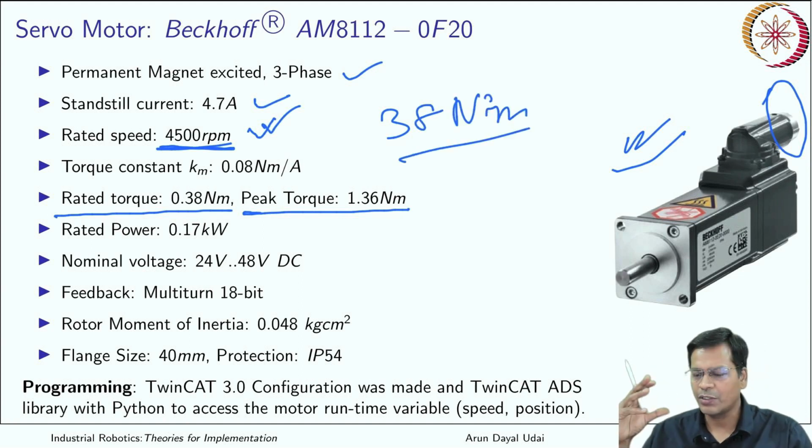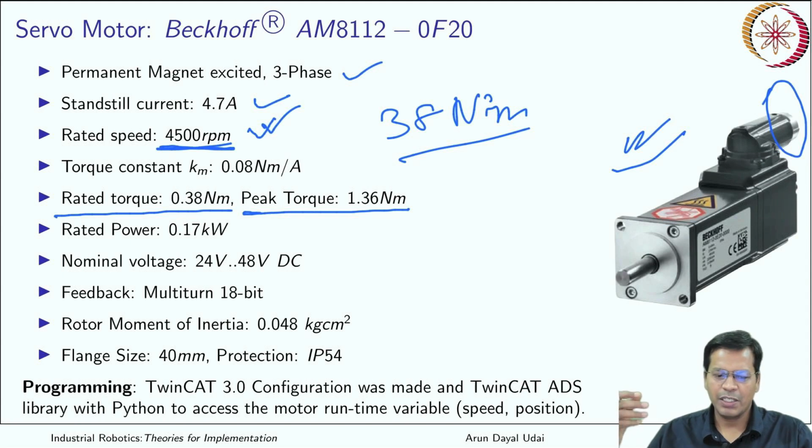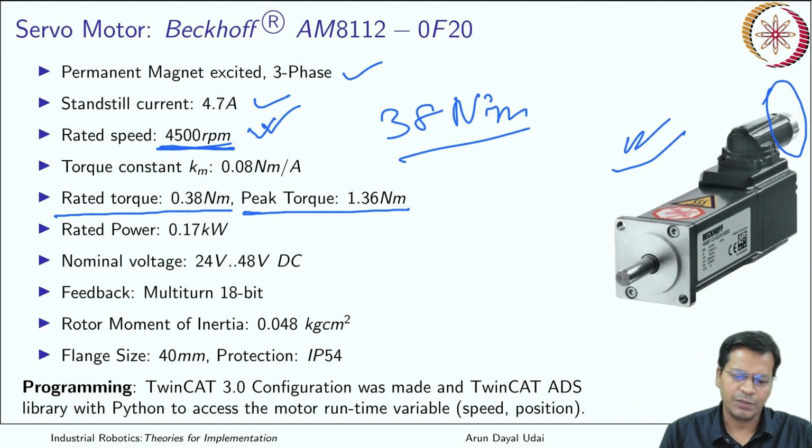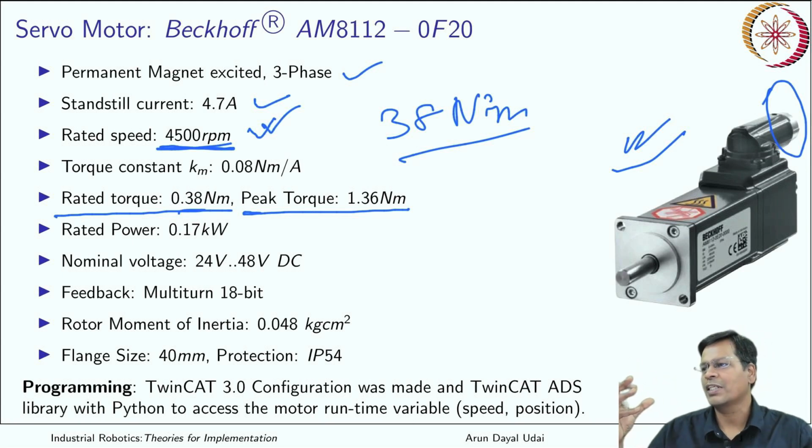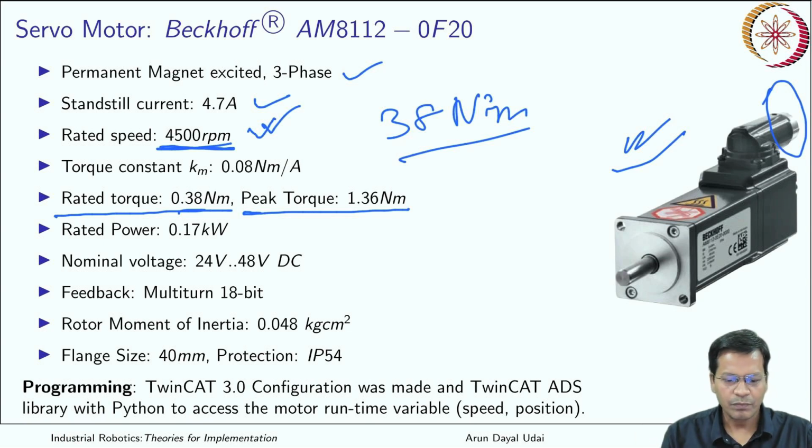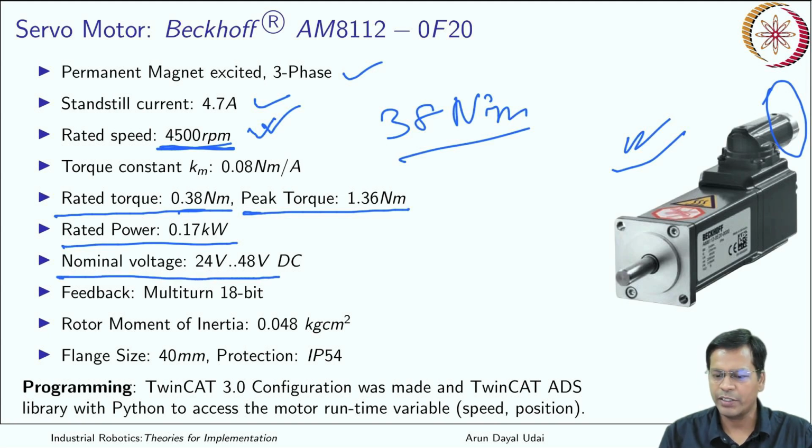So yes, this is sufficient to drive industrial robot arms, at least the last 3 links. Your gearbox will enhance the torque, at the same time it will reduce the speed. And then the rated power is this for this one specifically, and the nominal voltage is something around 48 volt that I will be supplying.